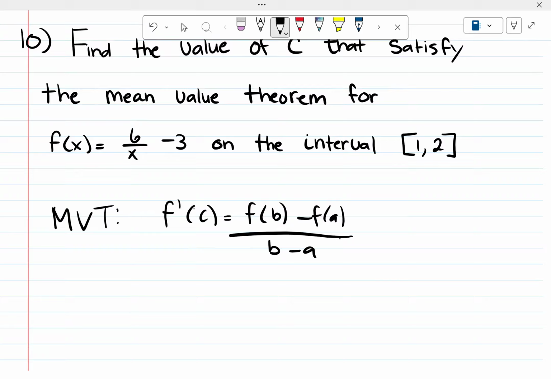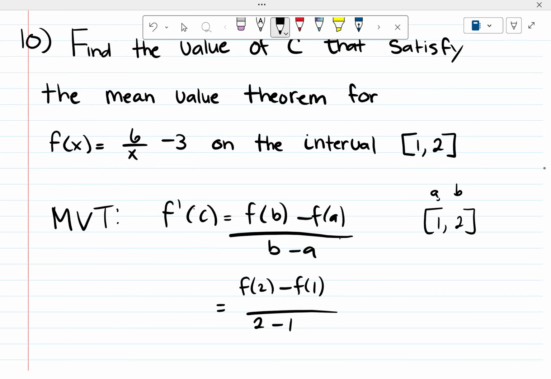So let's find that. We are going from 1 to 2. 1 is your A, 2 is your B, and we're going to plug that back in. So over here, B minus A is 2 minus 1, and then it's f of B, f of 2, minus f of A, and then it's f prime of C. So let's figure out the left side.